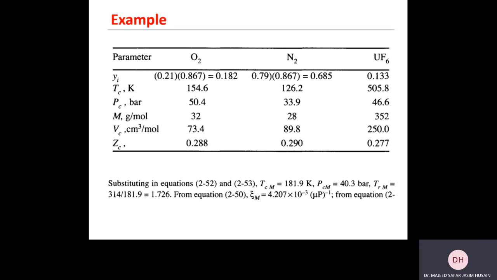Now, why we did all of that is to find the Reynolds number. Reynolds number, you know the definition, rho U D over viscosity. So now you have the density of the mixture, which we calculated as 2.8 kilogram per meter cubed. Viscosity we calculated as 2.29 times 10 to the power minus 5.